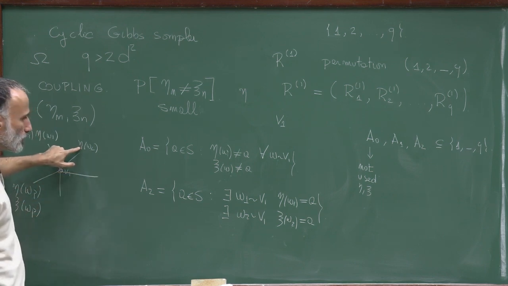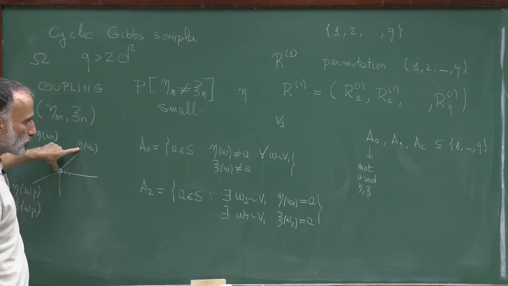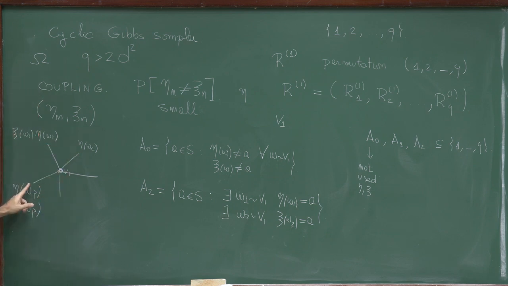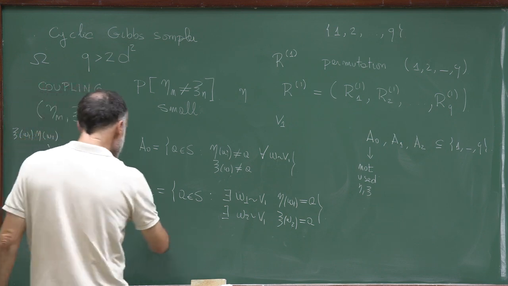So I can find the neighbor W1 of V1 whose color is equal for configuration eta to A, and another neighbor, which might be the same but might be different, whose color is also A for the configuration xi. And A1 is the complement.